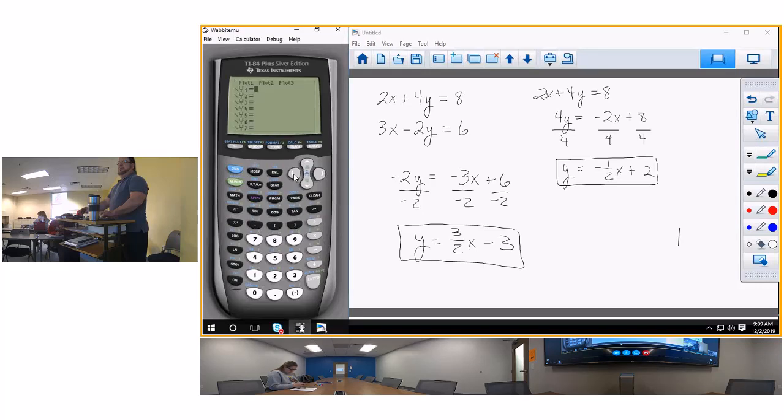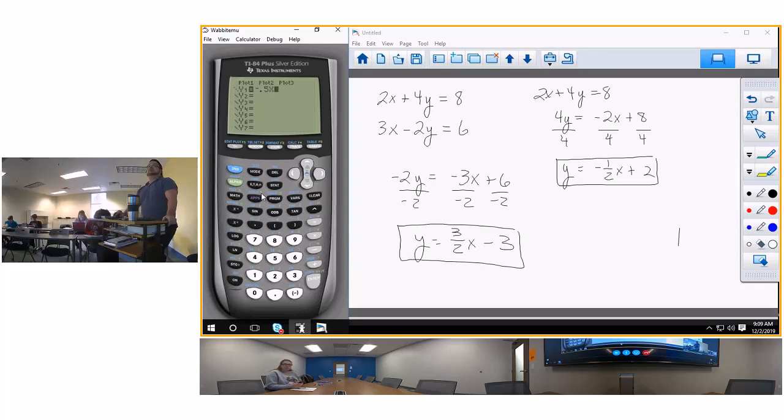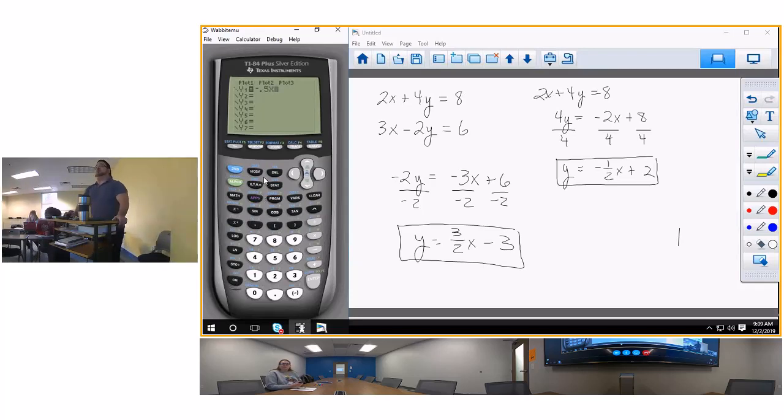I'm going to make the first one dashed. And I'm going to type in negative 0.5x. Now, the only reason I can use 0.5 here is because 1 divided by 2 is 0.5. If you have a repeating decimal, you need to put in the fraction and put it in parentheses.